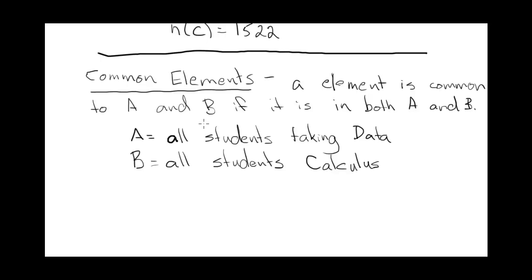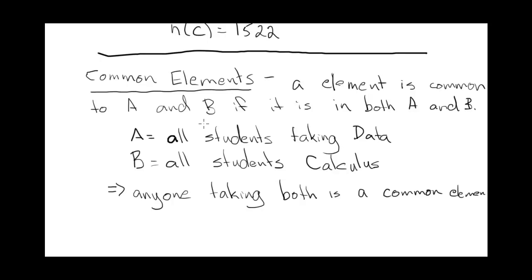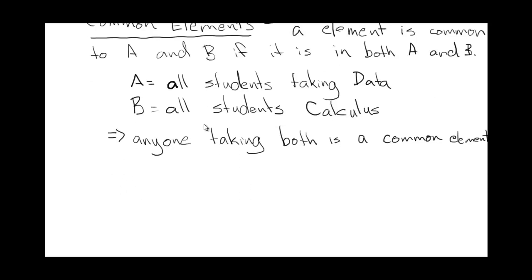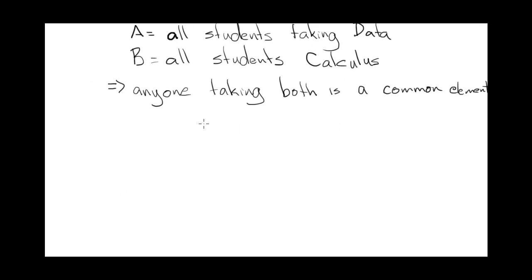So anyone who's taking both data and calculus would be a common element. Anyone taking both is a common element. There's probably 10 or so students taking both data and calculus, so they would be common to both sets.